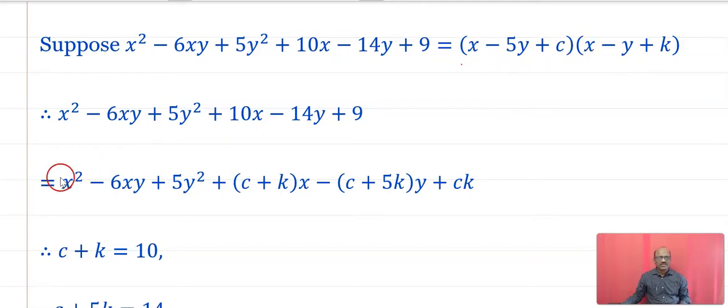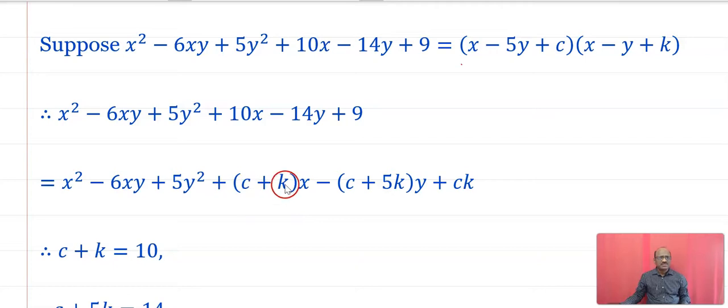We will perform the product of these two brackets. x into x, you will get x². x into −y, you will get −xy. Next is −5y into x, you will get −5xy, and overall you will get −6xy. After multiplication of these two brackets, you will get x² − 6xy + 5y². What about the other coefficient terms?